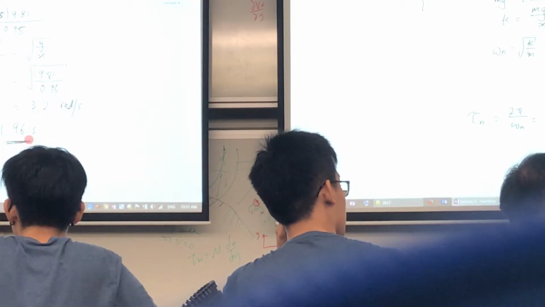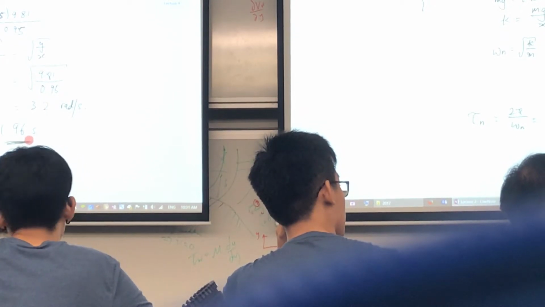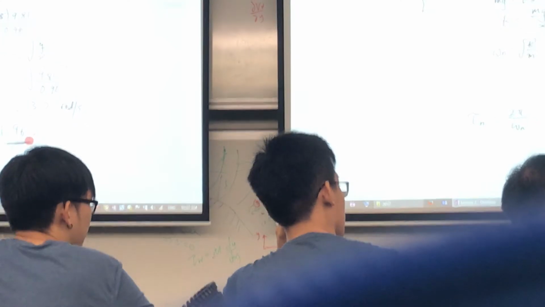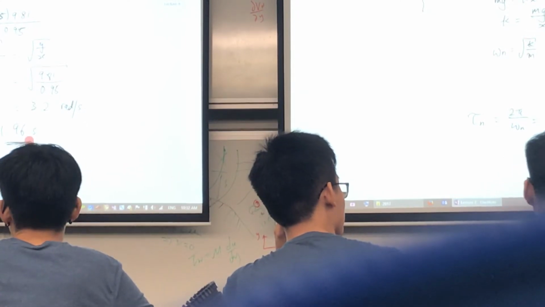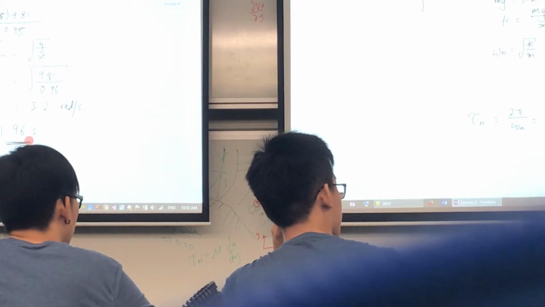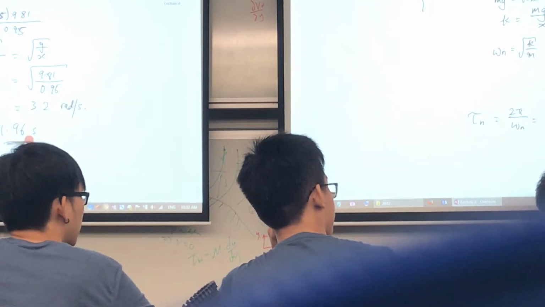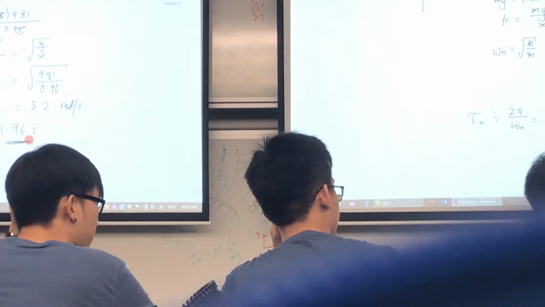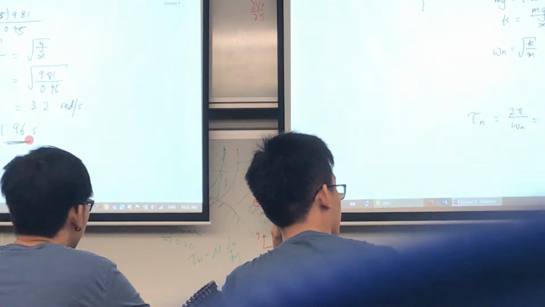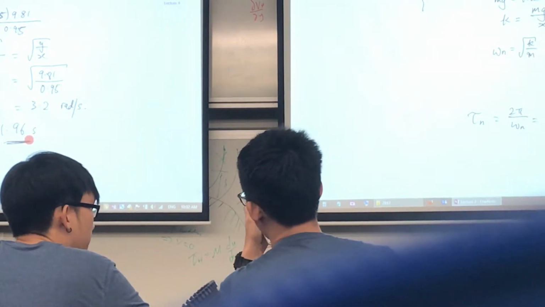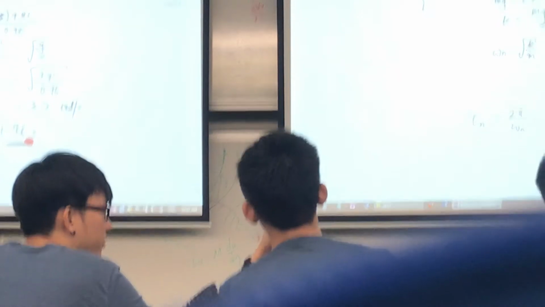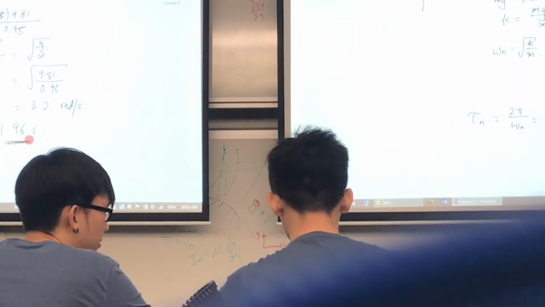So I'll repeat: 1, 2, and then we do it until 10. At 10 oscillations, you tell me how many seconds. We take that number, divide by 10, and it should be close to 1.96 seconds. Yeah, it makes sense.